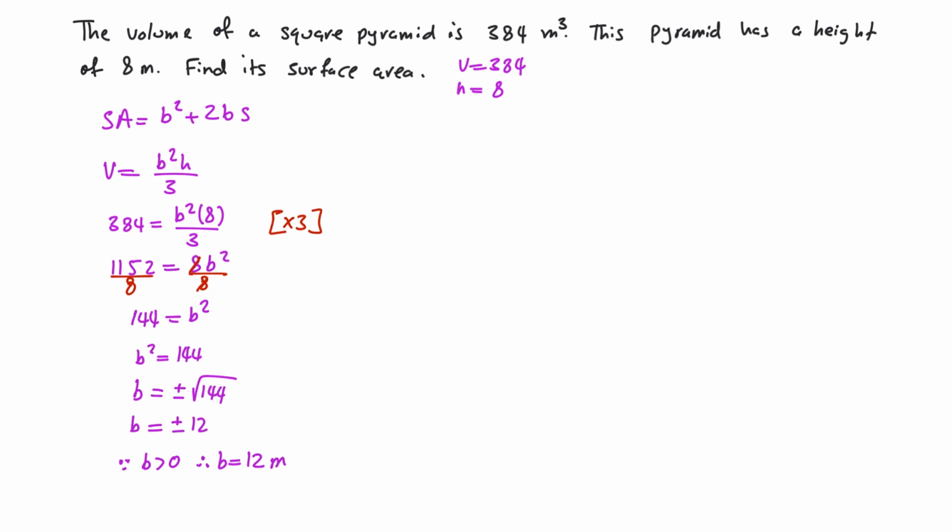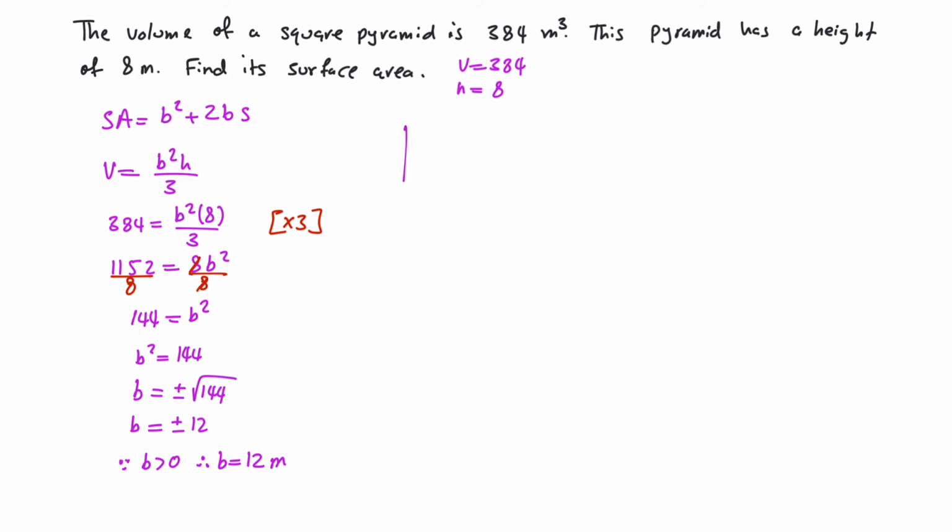Now, looking at the equation again, I have surface area is equal to b squared plus 2bs. I now have my b value, which is nice. I don't have my slant height yet, but I have my height and I have my b value. So this is fantastic.